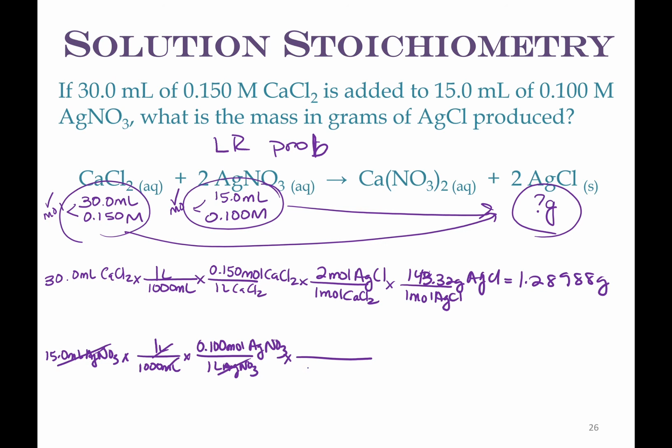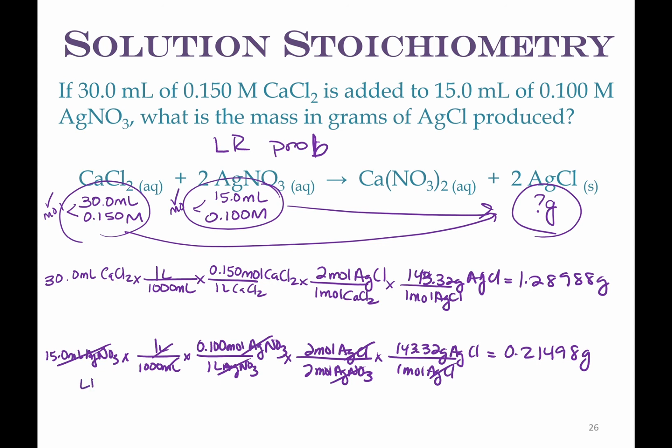For every 2 moles of AgNO3 that react, we get 2 moles of silver chloride, and every 1 mole of silver chloride has a mass of 143.32 grams. 15 divided by 1,000 times 0.1 times 2 divided by 2 times 143.32 is 0.21498 grams. So which one is least?